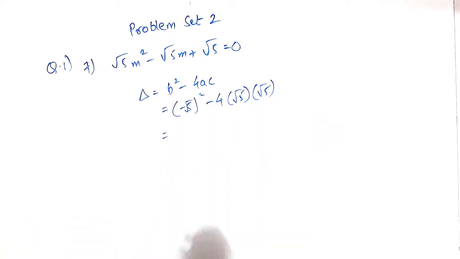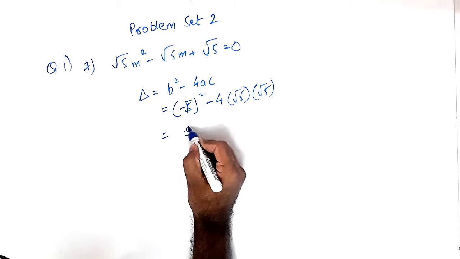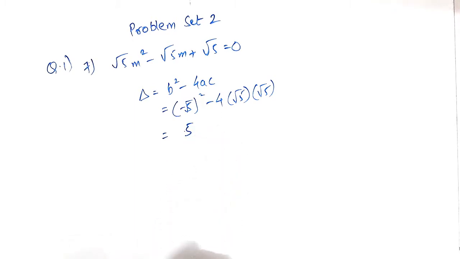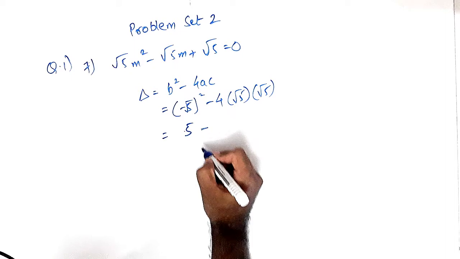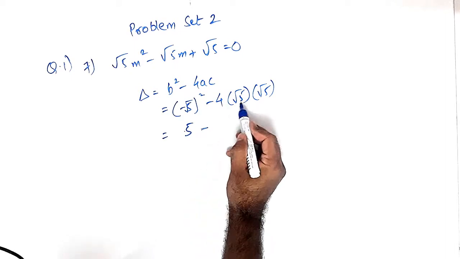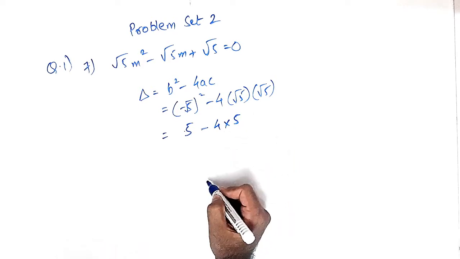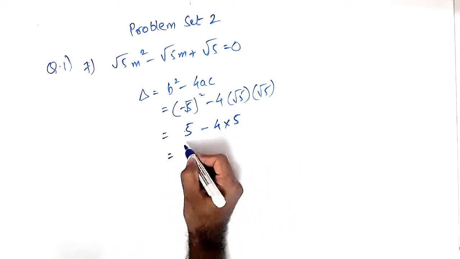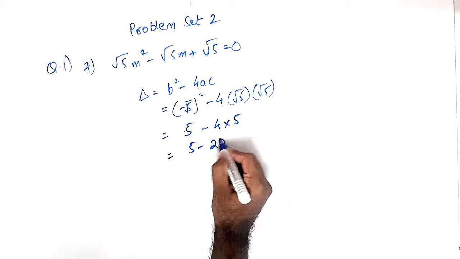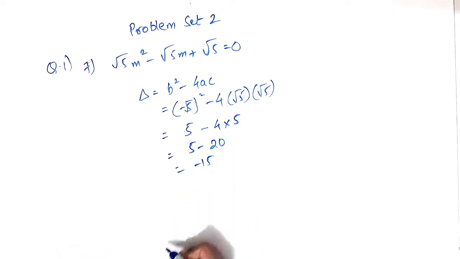Now this becomes 5, minus 4 into root 5 into root 5 is 4 into 5, correct? So it is 5 minus 20, so it is minus 15.